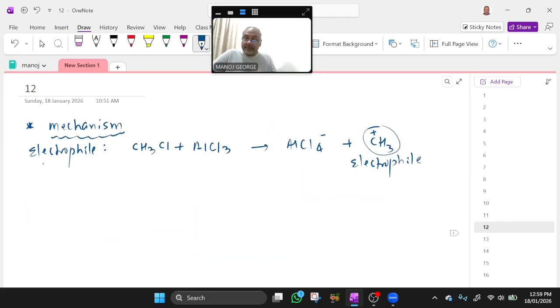So that's the formation of the electrophile and the reaction mechanism.